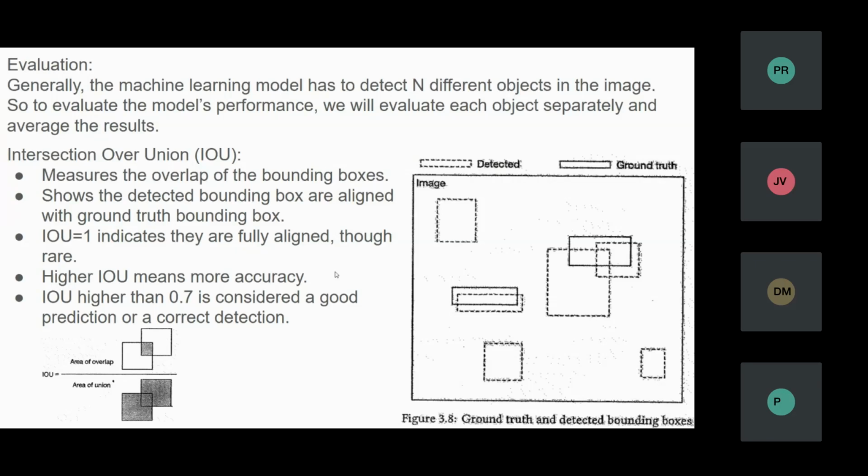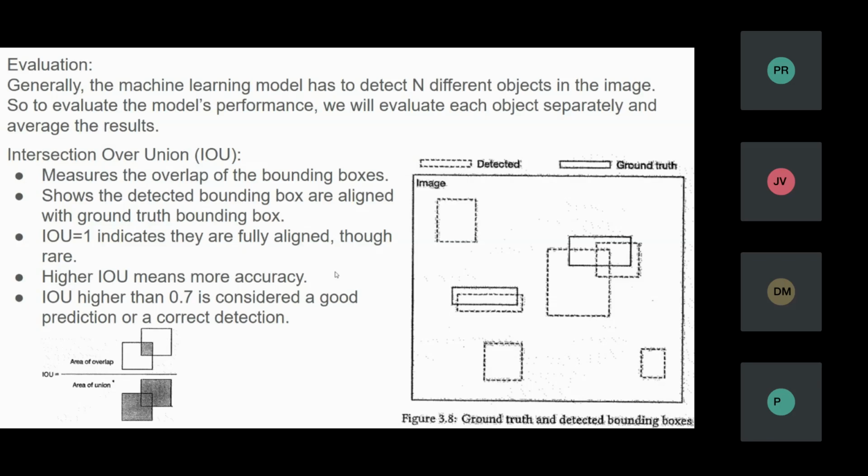After training the model, we have to evaluate its whole performance. Generally, the machine learning model has to detect n different objects in the image. To evaluate the model's performance, we will evaluate each object separately and average the results.